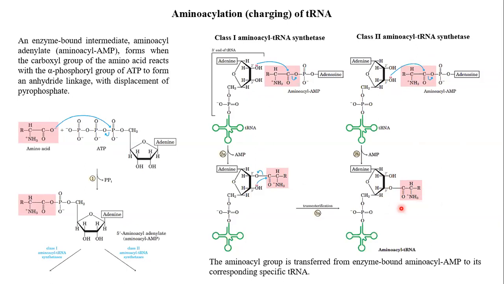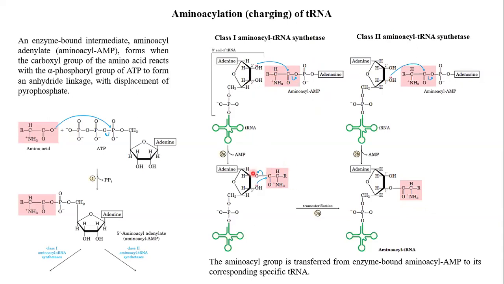So the reason could be in the structure of the enzyme. These two enzymes have different structures. This class 2 synthetase is a dimer and class 1 synthetase is a monomer. So basically when this transfer RNA attaches to its binding site on the enzyme, it must have positioned itself so that this 2' OH acts as a nucleophile.